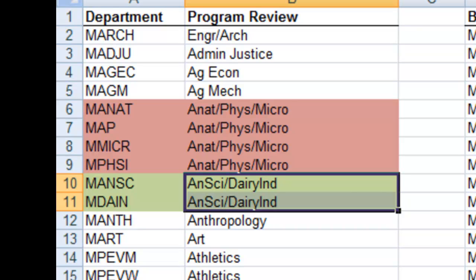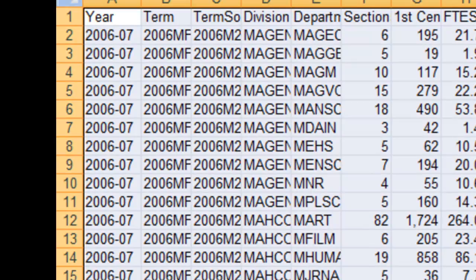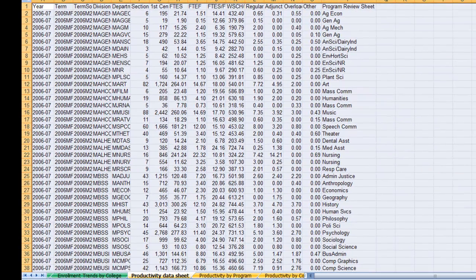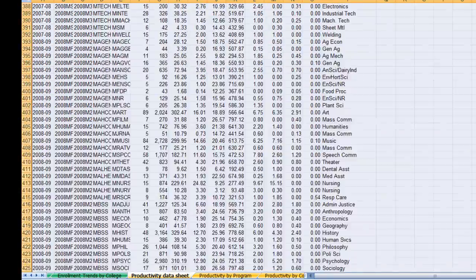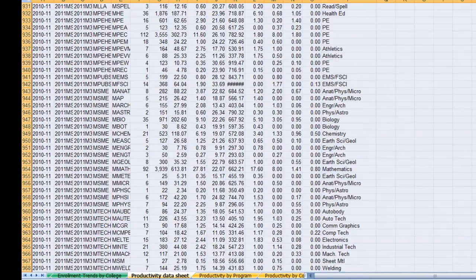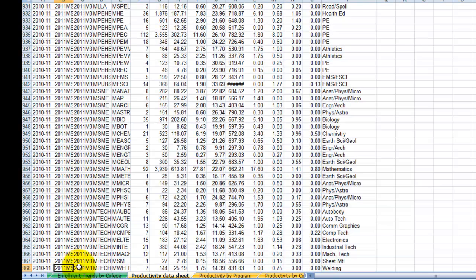And then as we go across to figure out where this data comes from, we had this big program data sheet here that has, looks like 968 different lines associated with various different semesters and all the different departments, and we mapped those to the various different program review data sheets.